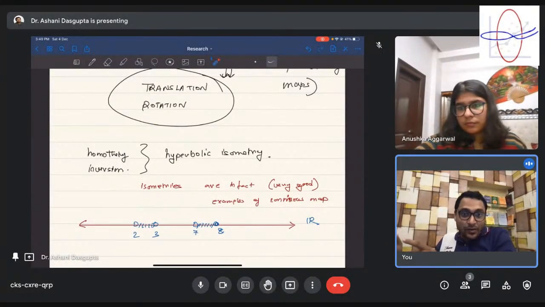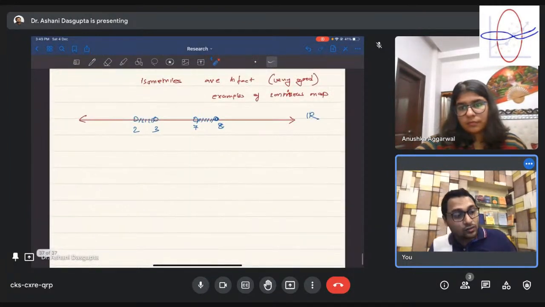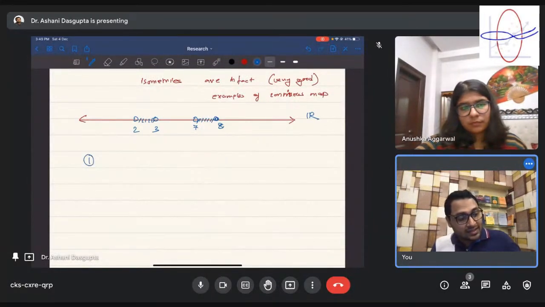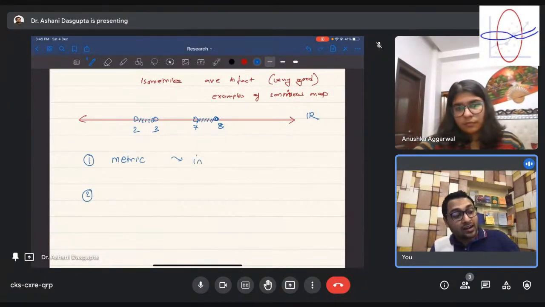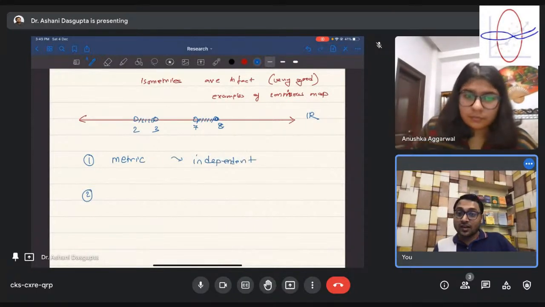Indirectly, while studying the properties of continuous maps, we are also studying the properties of isometries, which are objects of geometry, right? So I told you two things in these two days of discussion. The first thing is that there is a metric, and changing the metric changes certain things, but you want to know what are the metric independent features of the underlying set.